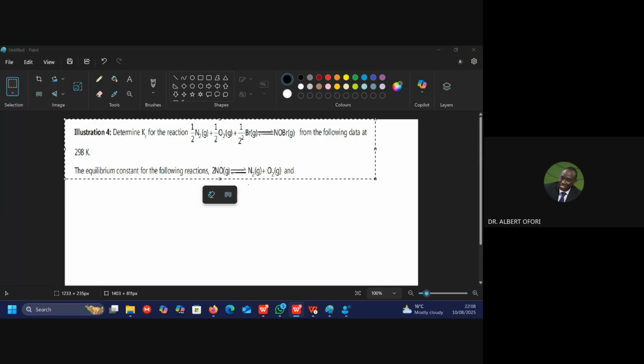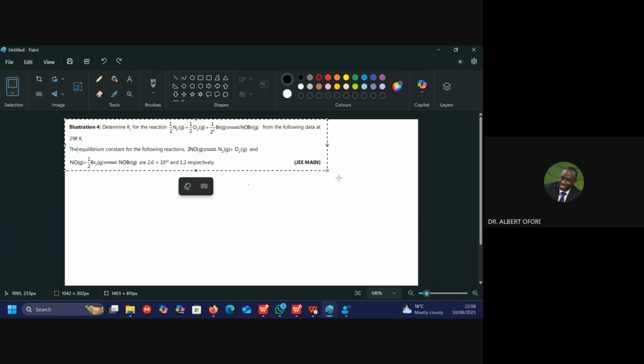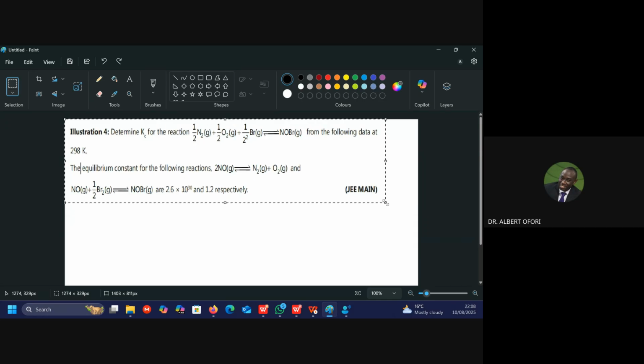Okay, so let's try this one then. I'm putting the values there so we look at it all together. I hope you can see it now.